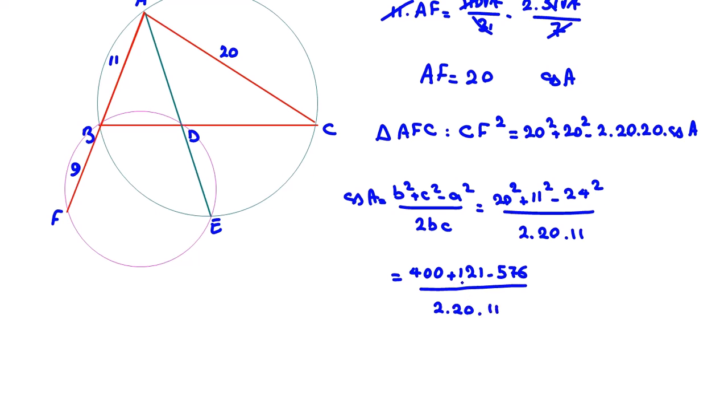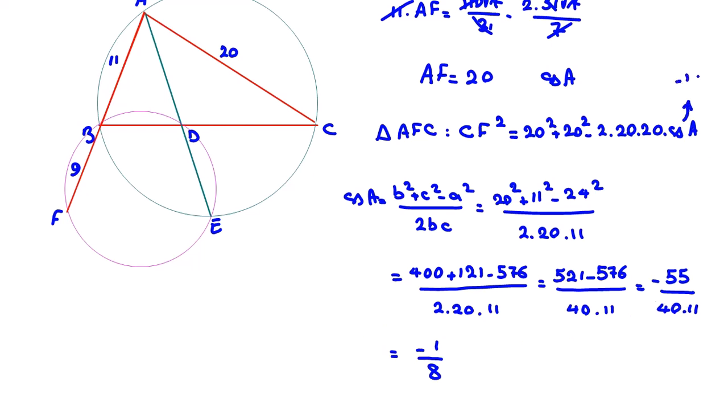And now if we calculate, it will be 521 minus 576 over 40 times 11. It will be negative 55 over 40 times 11, so we can cancel and say negative 1 over 8.